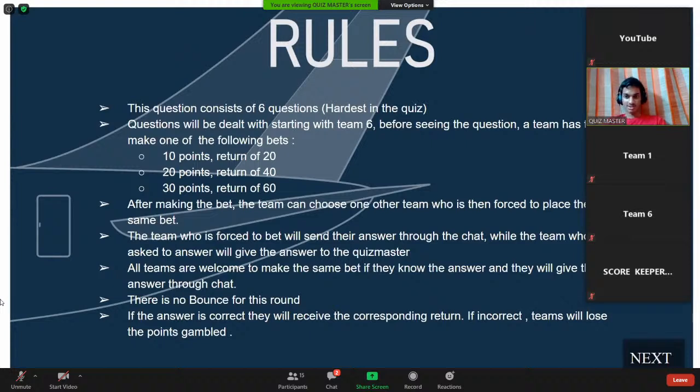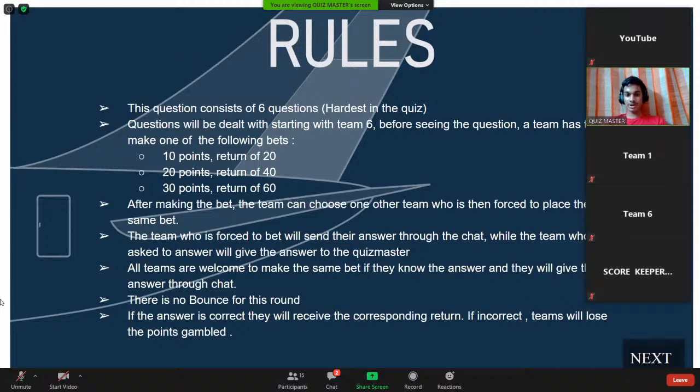After making their bet, this team has to choose one other team who is forced to make the same bet. So if team 1 bets 20 points and they choose team 3, then team 3 is also forced to bet the same number of points. Now we have 2 teams with a bet.